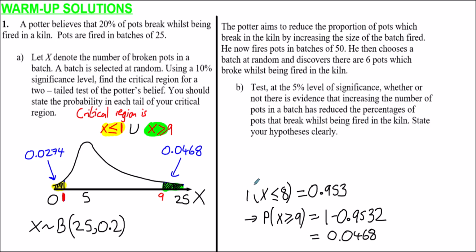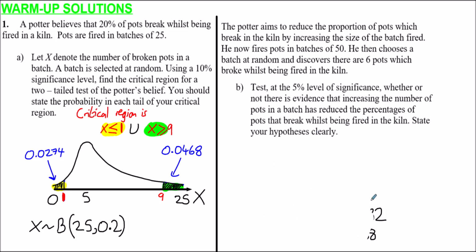State your hypothesis clearly. Well, the null hypothesis goes that we just assume nothing's changed. So the null hypothesis H0 is that the proportion of broken pots is still 0.2. The alternative hypothesis here is that the proportion of broken pots has been reduced.